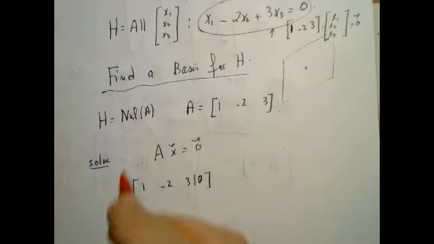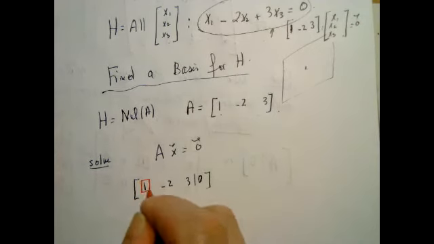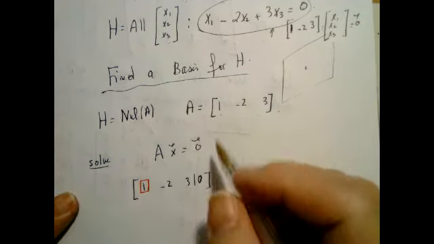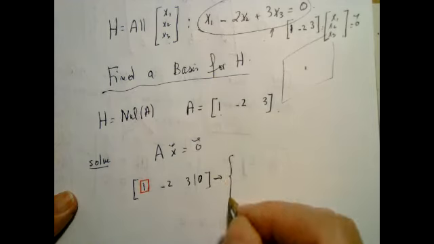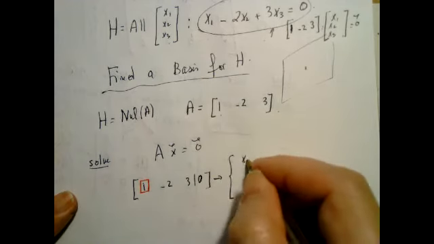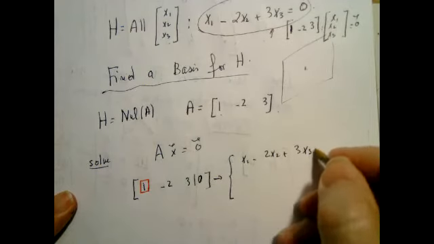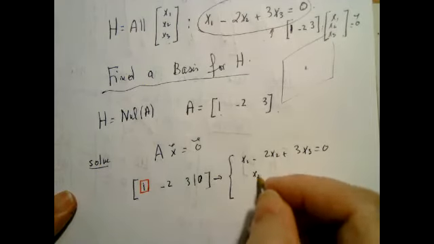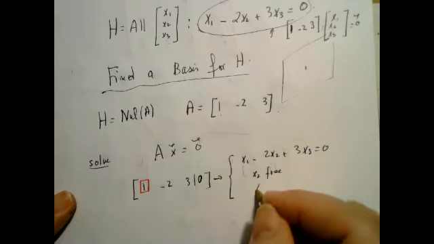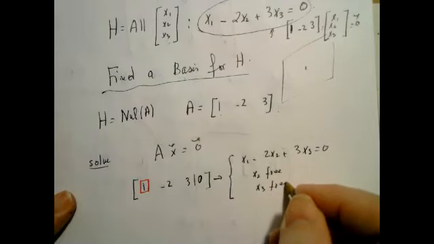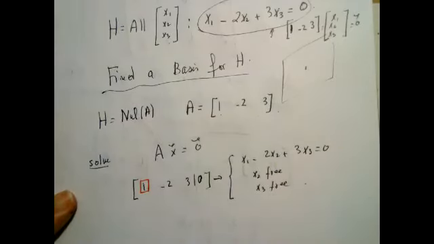There is really nothing here I can reduce. That's my leading entry. And this will give me the following: x1 minus 2x2 plus 3x3 is 0, x2 is free, x3 is free.